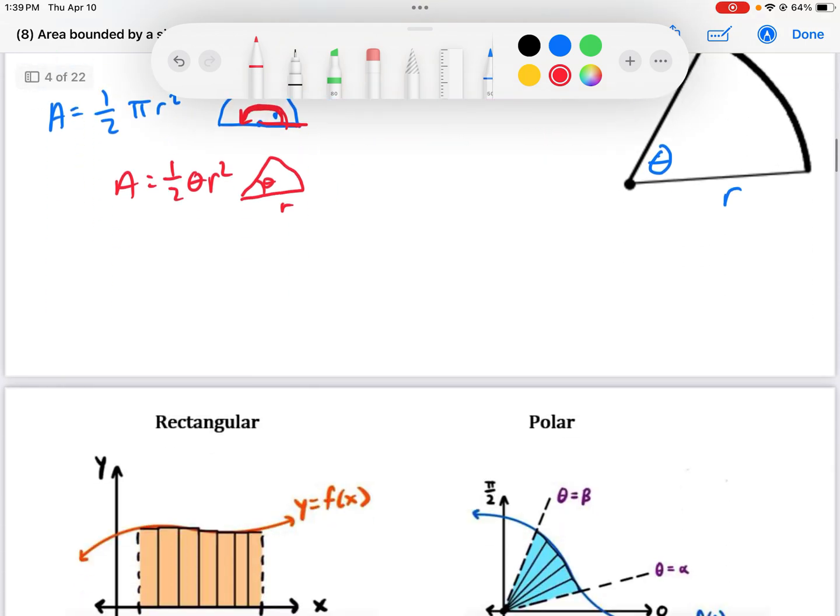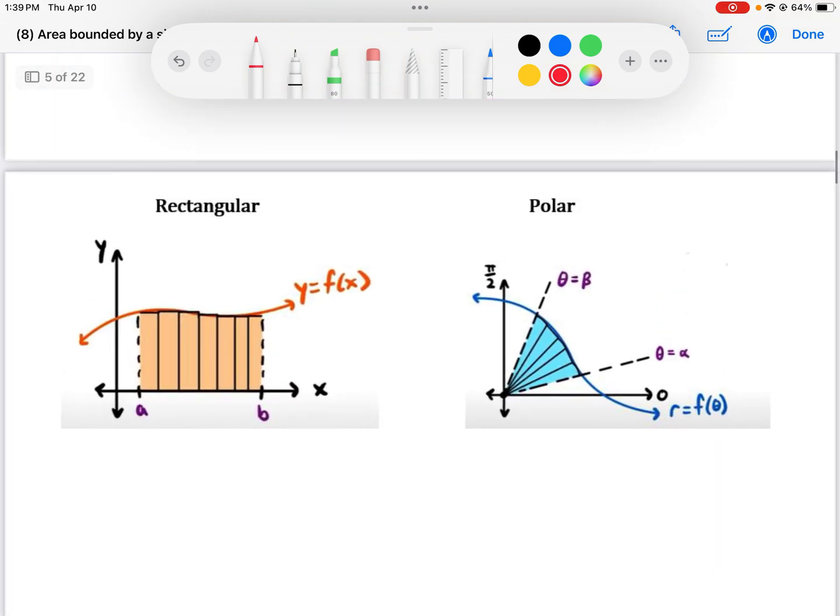Okay, now let's see how this ties into calculus. We're going to extend something we remember about the integral, the area under the curve. From a to b, the area under the curve is equal to the integral from a to b of f times dx, and dx was the change in x, right?